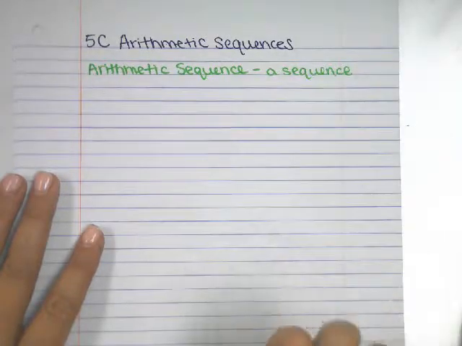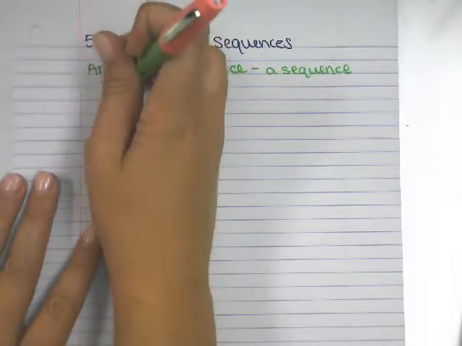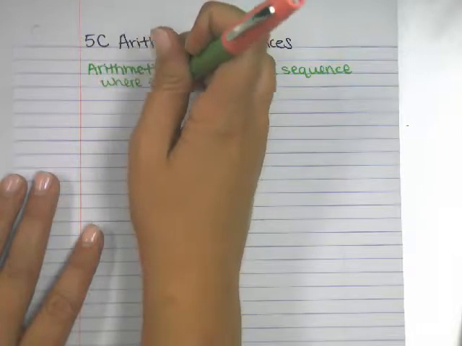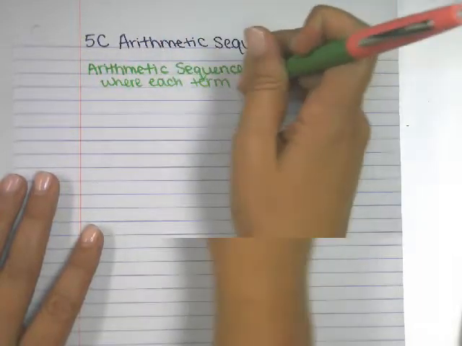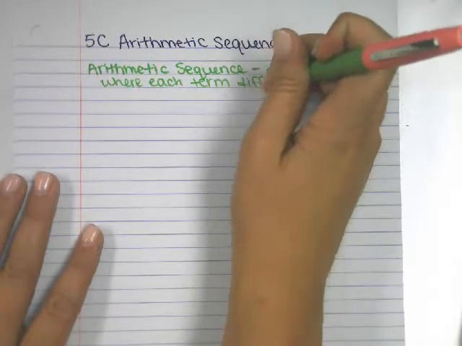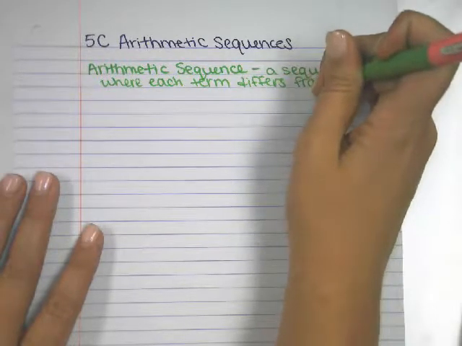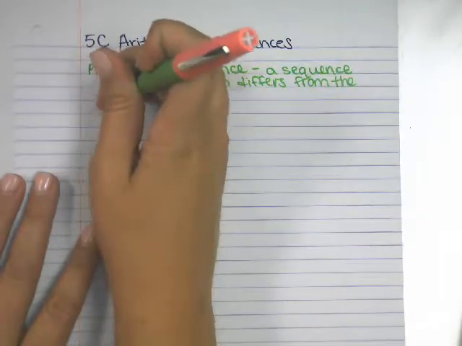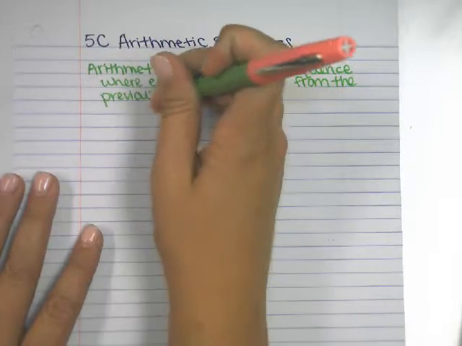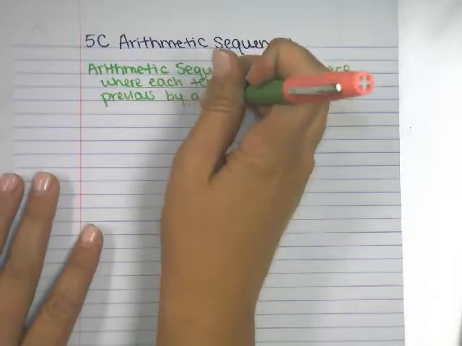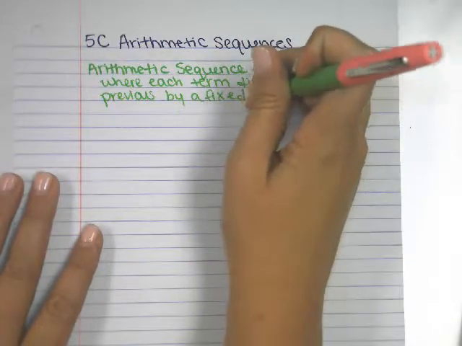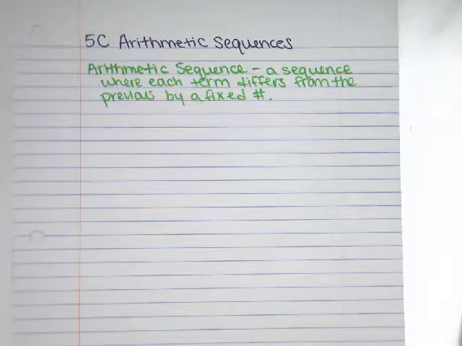So it's a sequence, so it's a list of numbers. A sequence, so a list of numbers where each term differs from the previous by a fixed number.